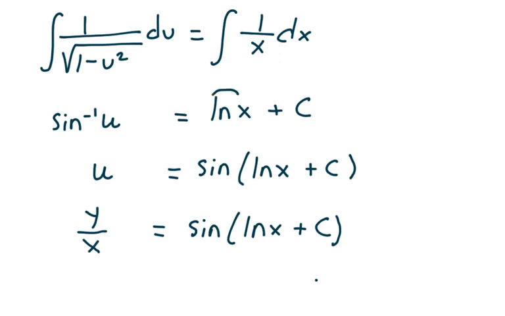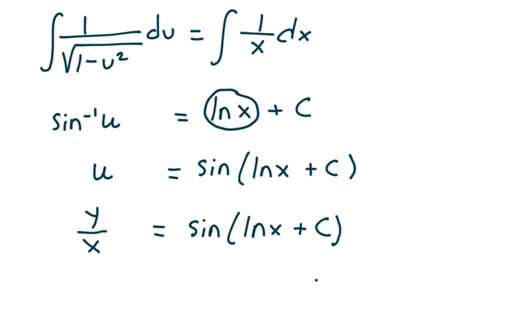Notice on the natural log of x, I don't put absolute value bars because, once again, at the beginning of the problem, we're given that x is greater than 0. So I don't have to worry about taking the natural log of a negative number. Now, solving for u, we get u equals sine of the natural log of x plus c.